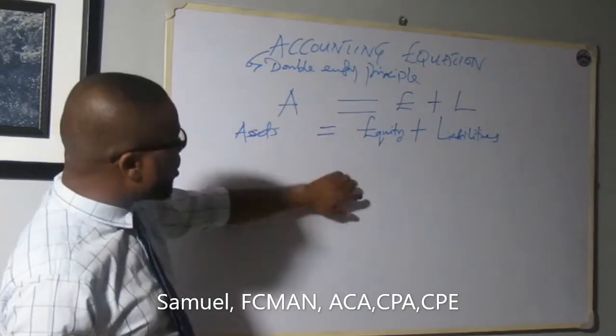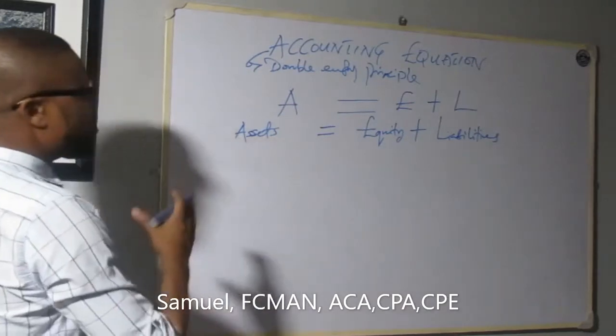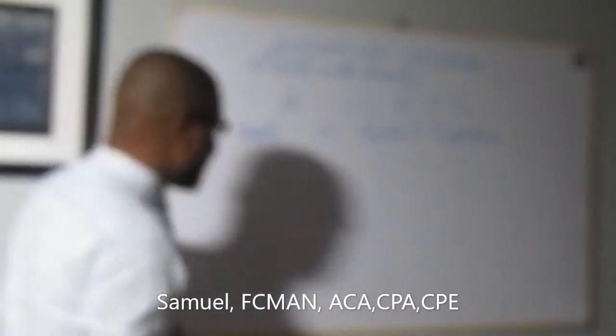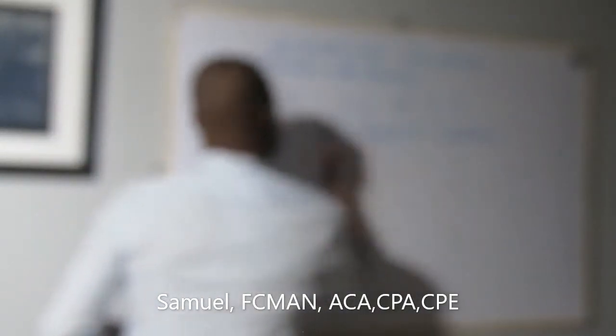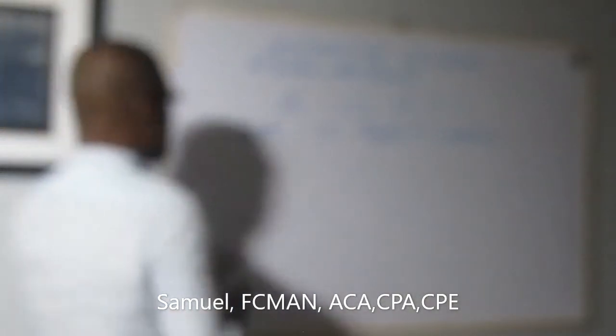Some entries are falling on the debit side, some are falling on the credit side. And now the accounting equation is reminding you that having done all your postings, at the end of the day, all what you have on this side must be equal to what you have on this side. And that's where you say your account is balanced.